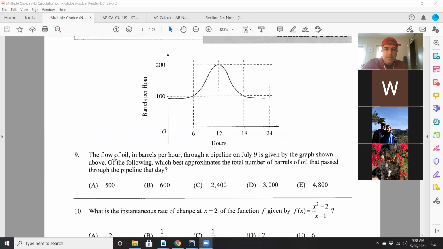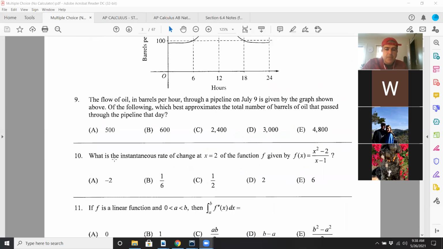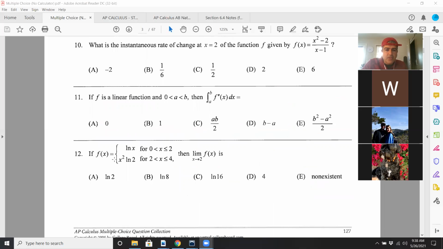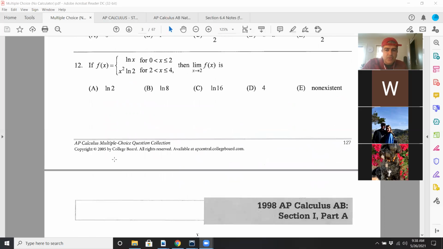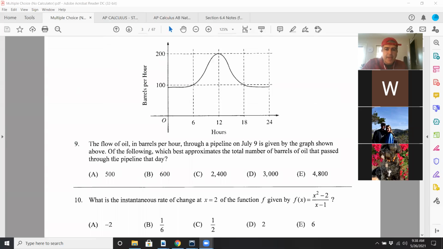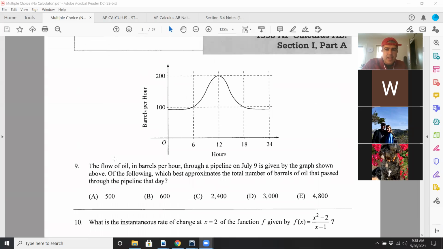9 is going to be a problem that might be good for me to talk about, and then I'll have you guys try 10, 11, and 12. I'll have you guys try those 3, and then we'll keep moving. But let me talk about 9, because I haven't covered it yet with Will and Julia.